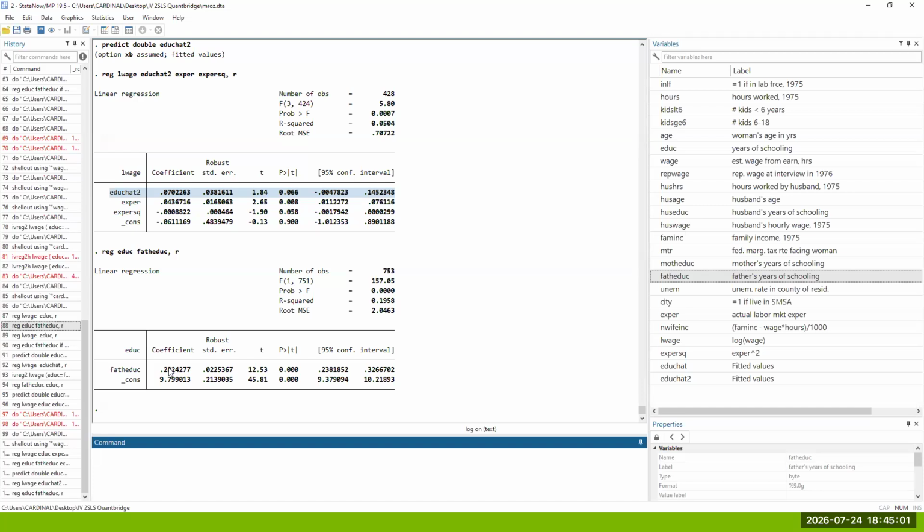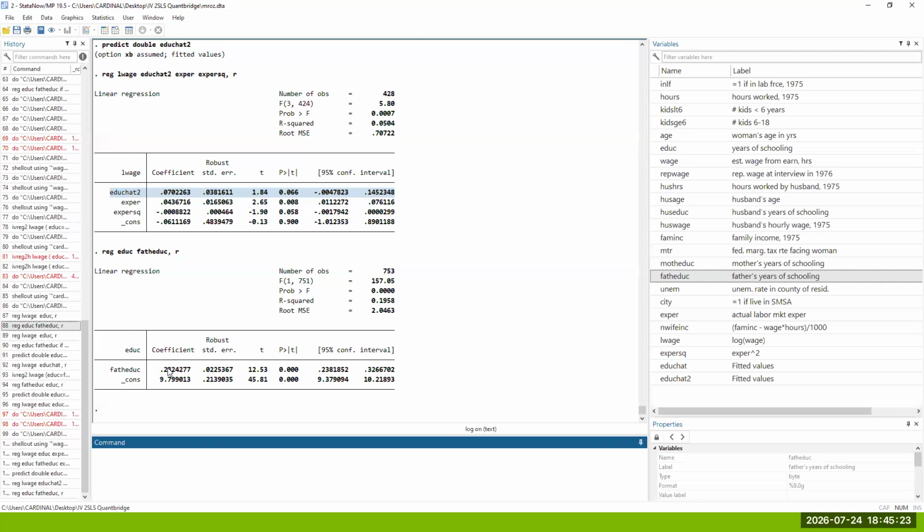Yeah, that's clear. Then the second, the exclusion restriction assumption, is that the instrument must not have a direct relationship with the outcome variable, which is wage. And it must only influence the outcome variable through the endogenous variable.